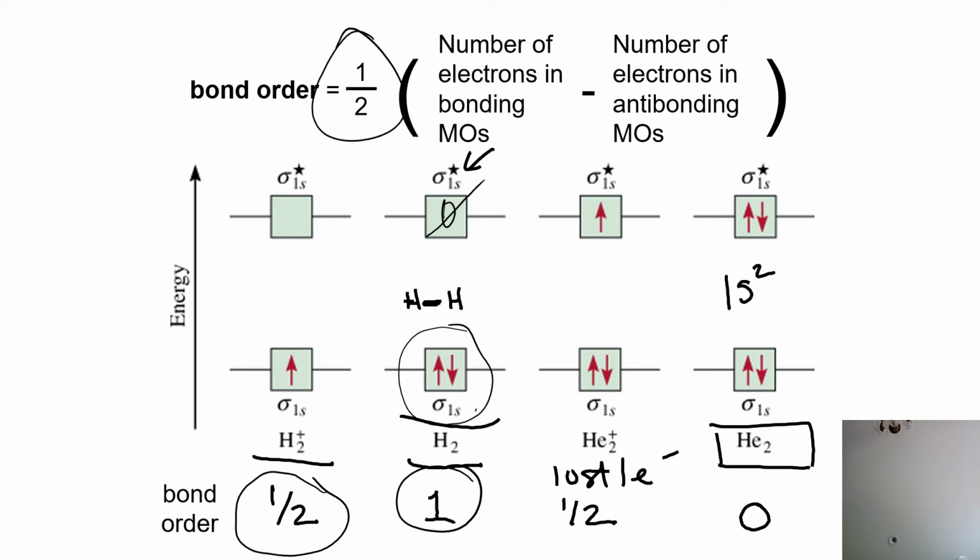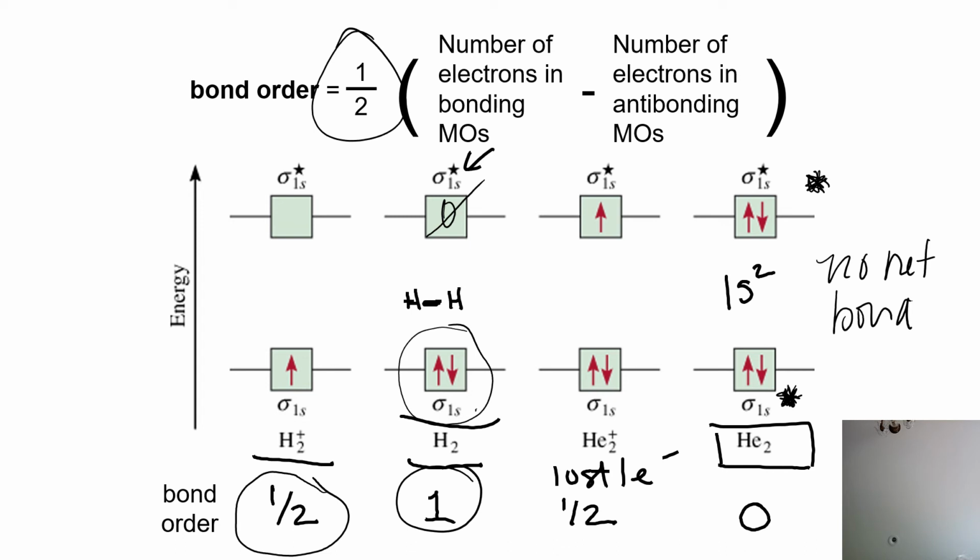And now looking at diatomic helium, we have filled not only the sigma bonding orbital, but also the antibonding orbital. So there is no net bond.